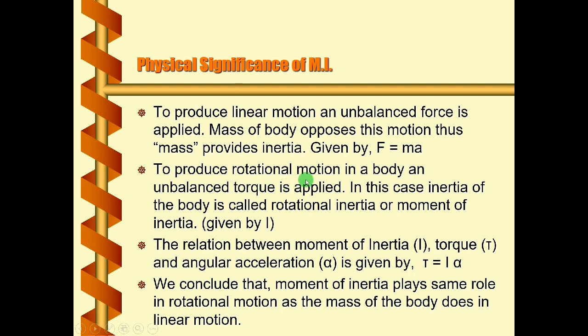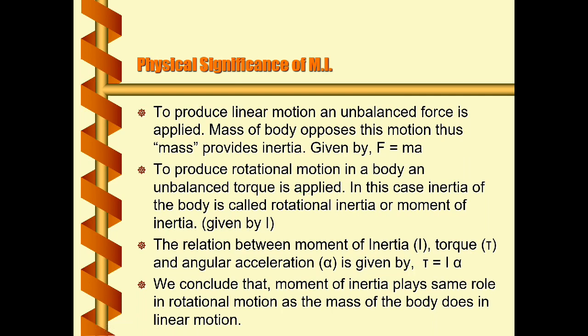Similarly, in rotational motion, to produce a turning effect or rotational motion, the external agent required is known as unbalanced torque. We will discuss torque in detail in a later topic, but for now you can consider it the external agent which gives a turning effect, that is, rotational motion, to the body. So the unbalanced torque is applied to produce rotational motion.